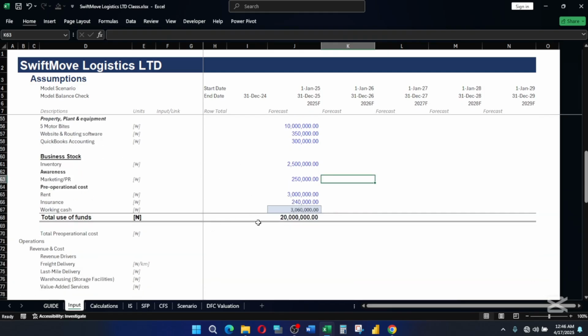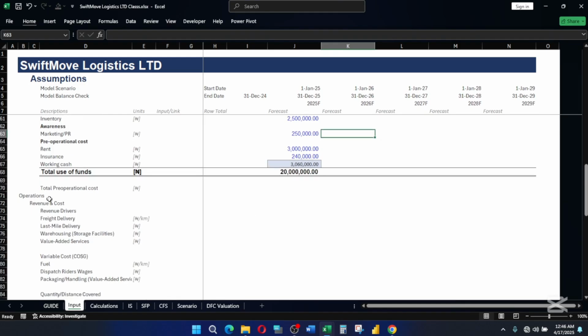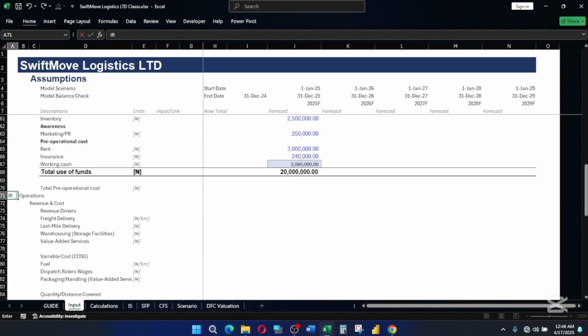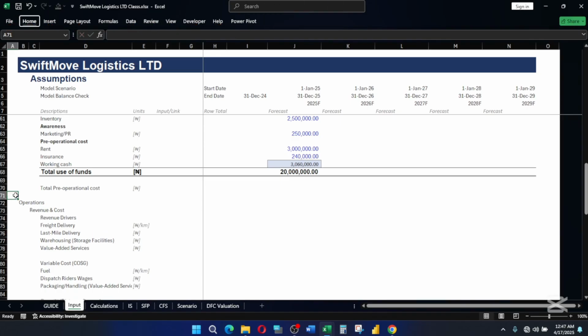Now when you look at it again, we see that we have what is called total pre-operational cost. Now the reason why I like bringing this here, even though it doesn't make much sense here, is because, how will I explain this?